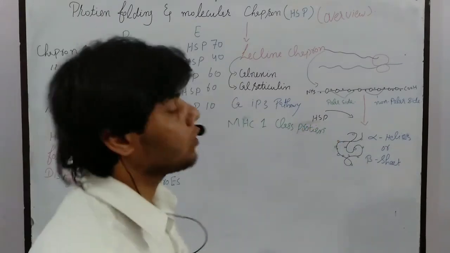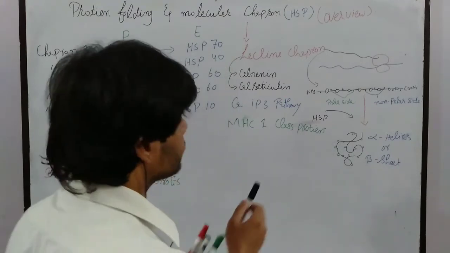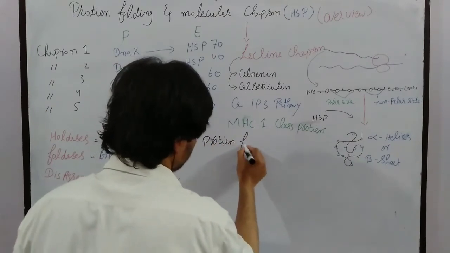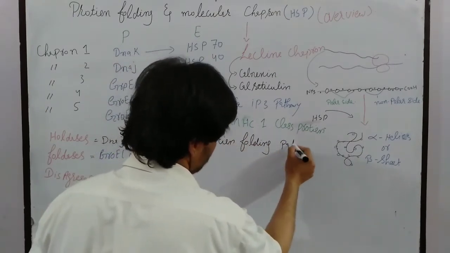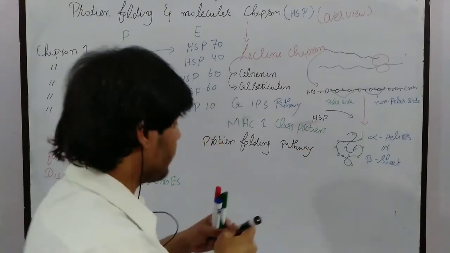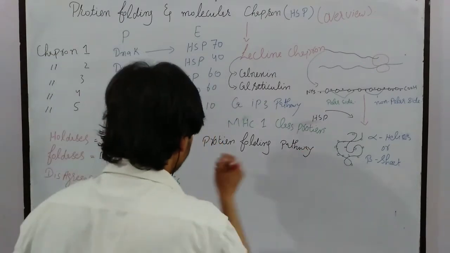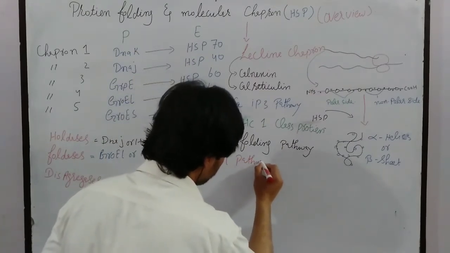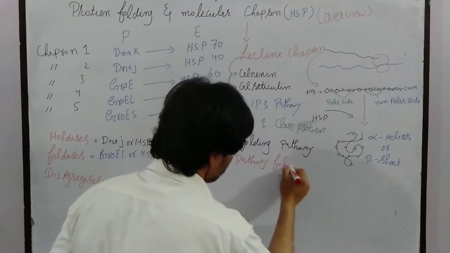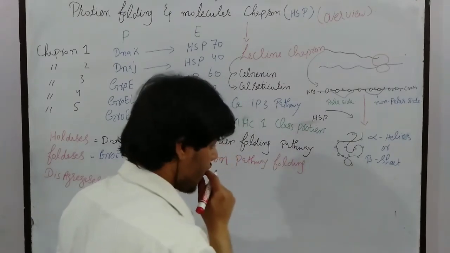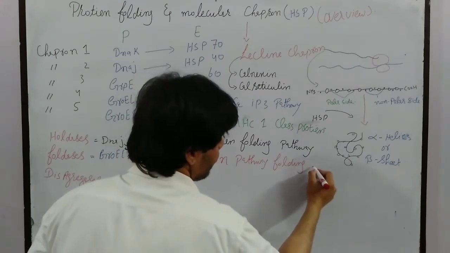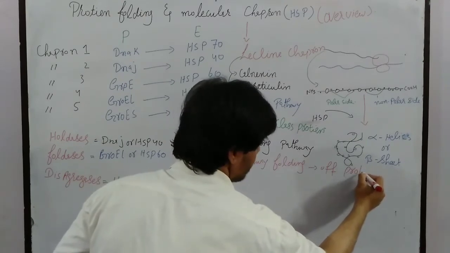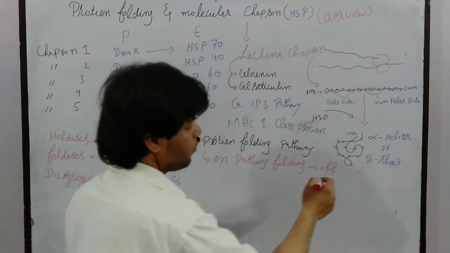Now what happens if we talk about the protein folding phenomena? We have three pathways of protein folding. One we call on-pathway folding. The other we call off-pathway folding.